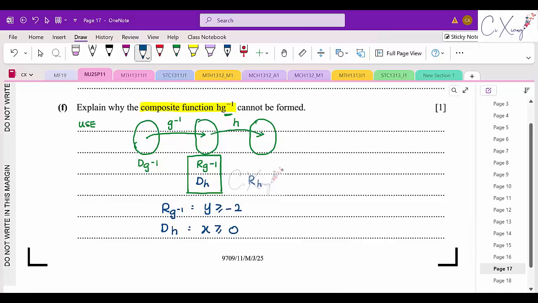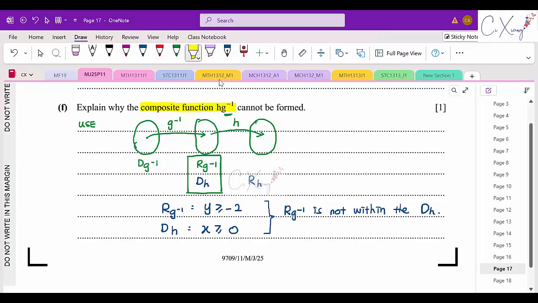So you can see, are they the same? They are not the same, right? Because you're having some extra values in the range of G inverse. So you can say that the range of the inverse function G is not within the domain of h.